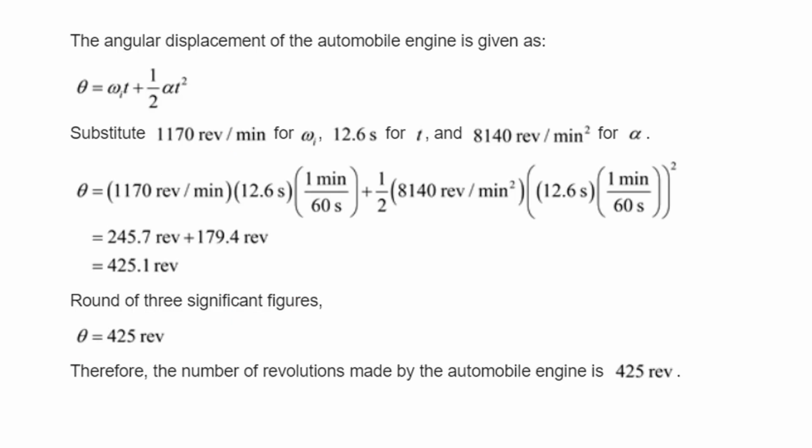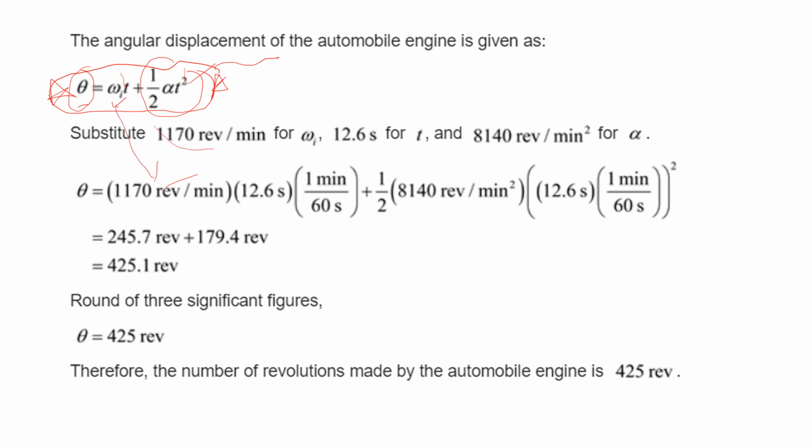Now, in order to find the angular displacement of an automobile, we've been using this formula: theta is equal to omega initial multiplied by t plus half alpha t square. When we use this formula, we get the angular displacement, putting in the values given in the numerical.